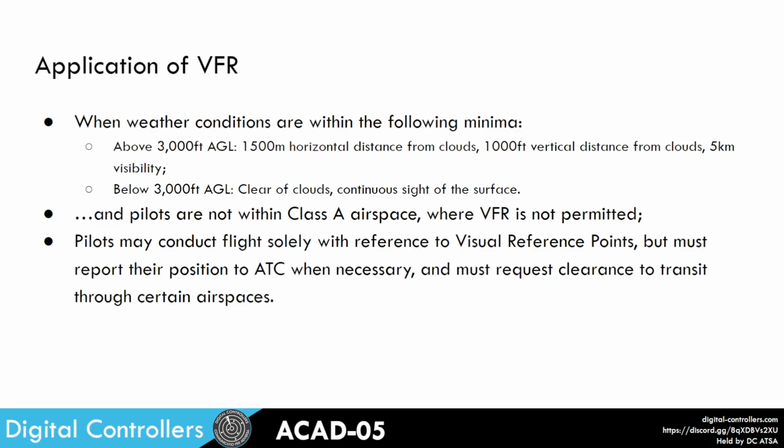Then below 3,000 feet above ground level, they just need to be clear of clouds and with continuous sight of the surface. Now this only applies when pilots are not within Class Alpha airspace, where VFR is not allowed.